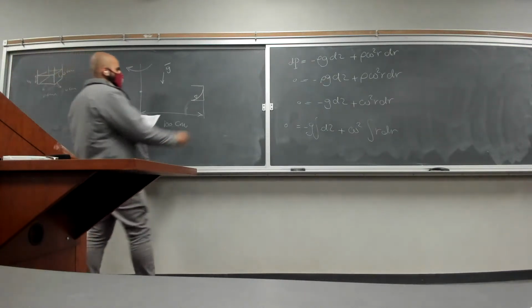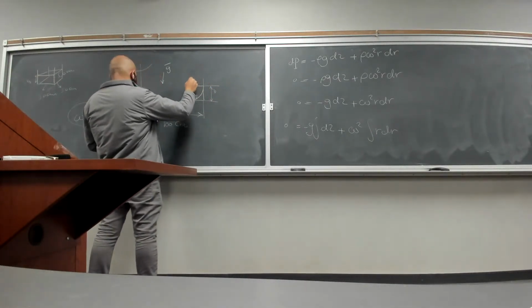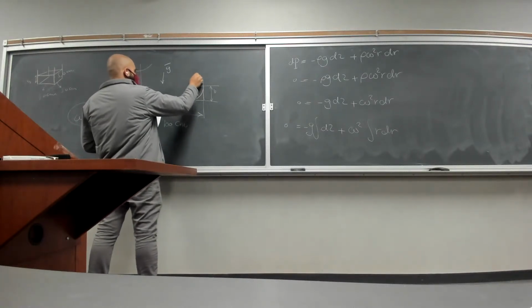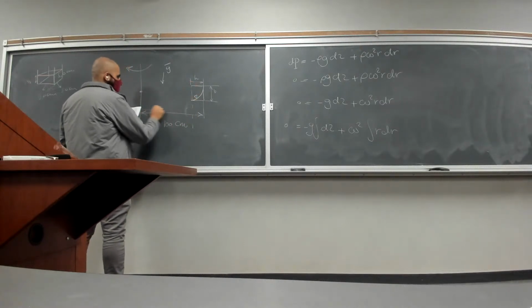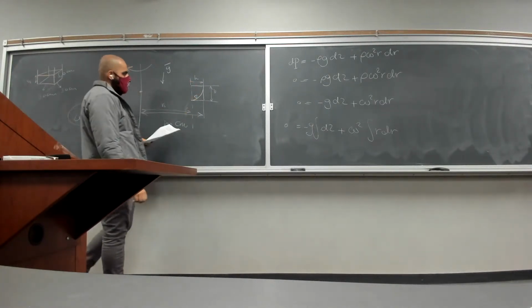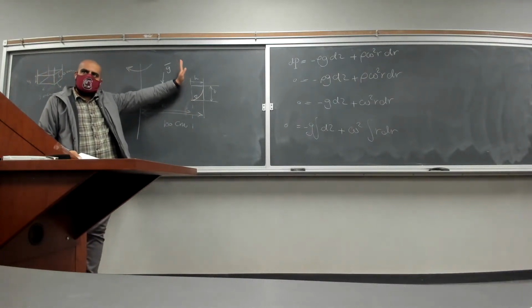Let me actually give you the dimensions here as well. We have b and we have h, and this is going to be r of L. So this is in the R direction, this is in the Z direction.